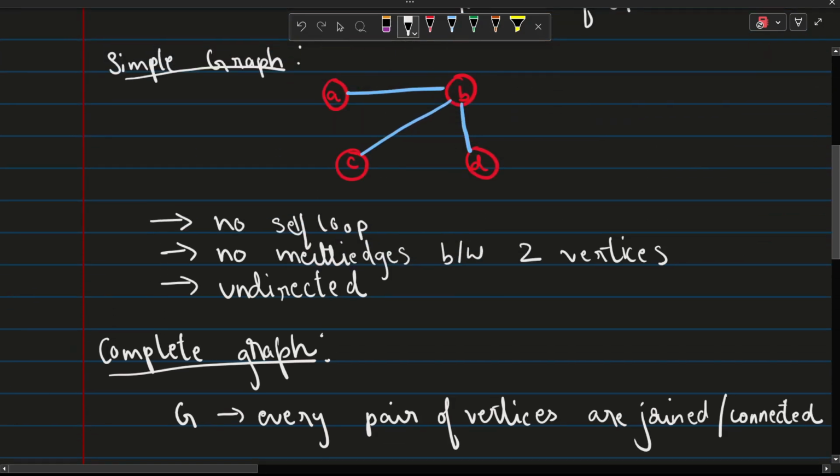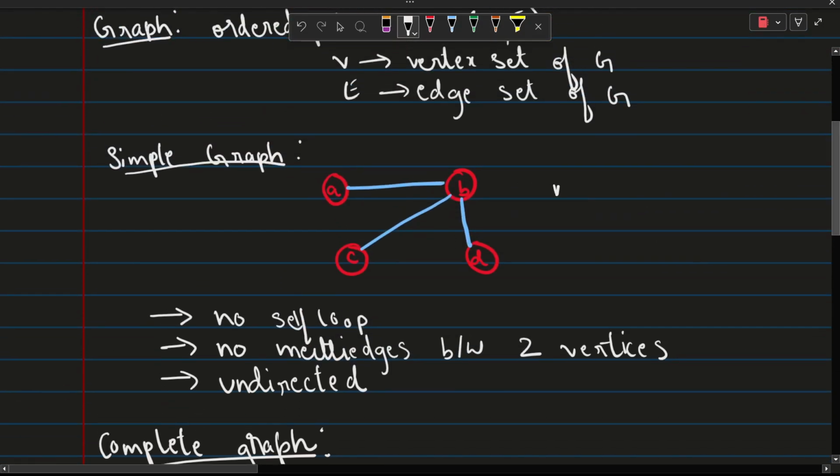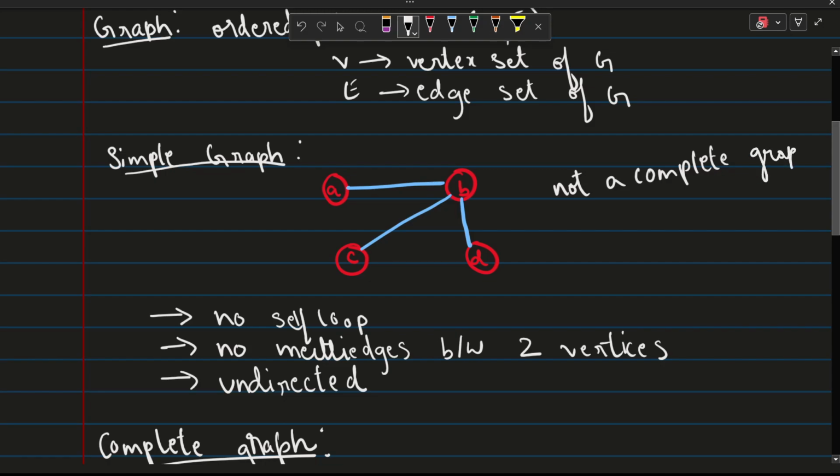For example, this is not a complete graph because it doesn't have an edge between AC, CD and AD.